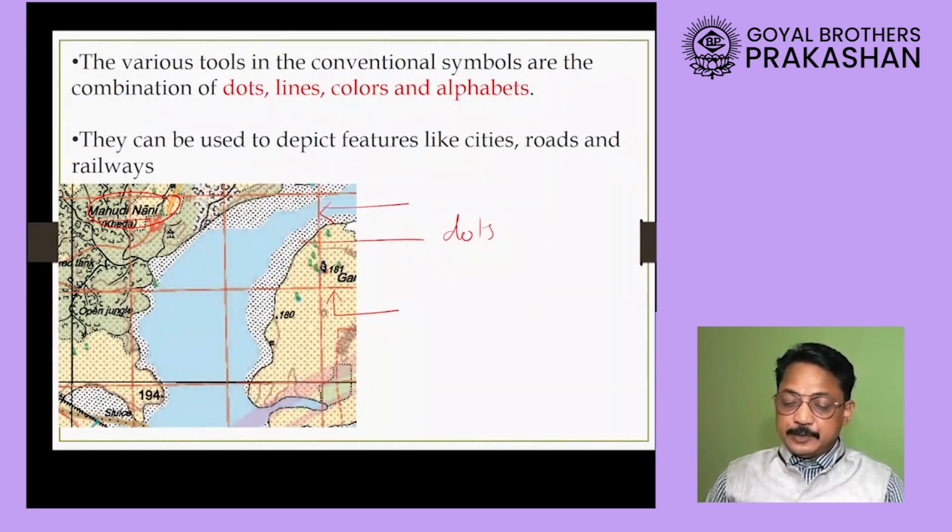So we are using conventional signs and symbols, which is a combination of dots, colors, alphabets, and we can also show cities, roads, railways, water bodies like a dam, tanks, and so on.